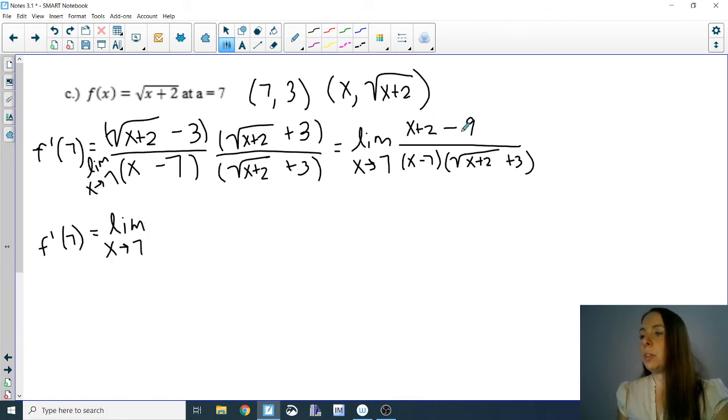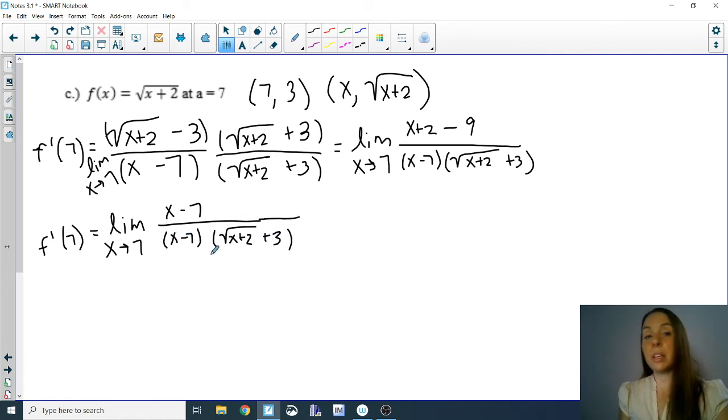And now the cool thing happens here where positive 2 minus 9 is negative 7, right? And hopefully now you can see why I said you want to keep this x minus 7 as a factor, because these divide to 1.